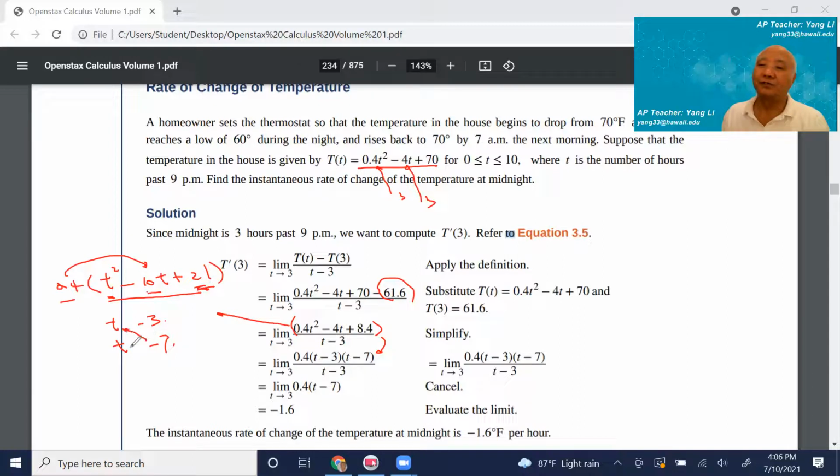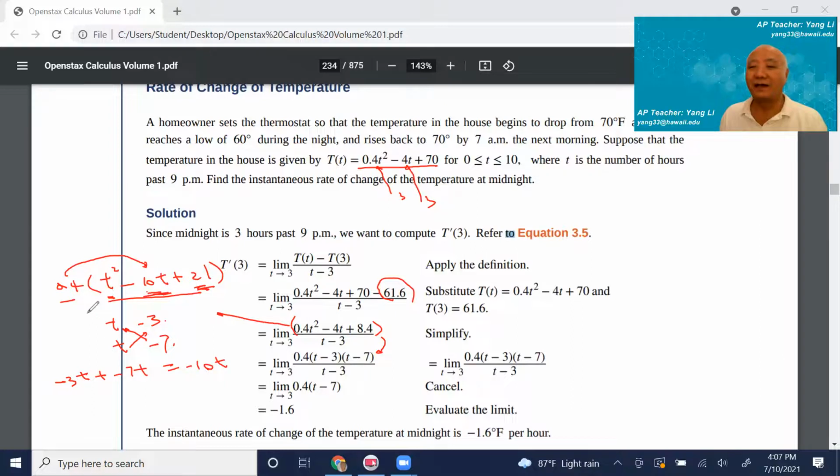And then when you cross multiply, it will be negative 3t plus negative 7t, which equals negative 10t, right?